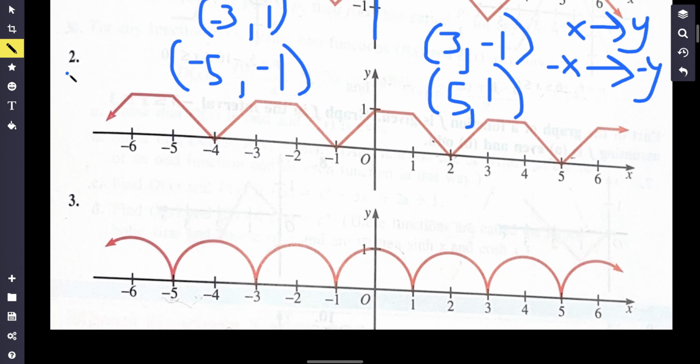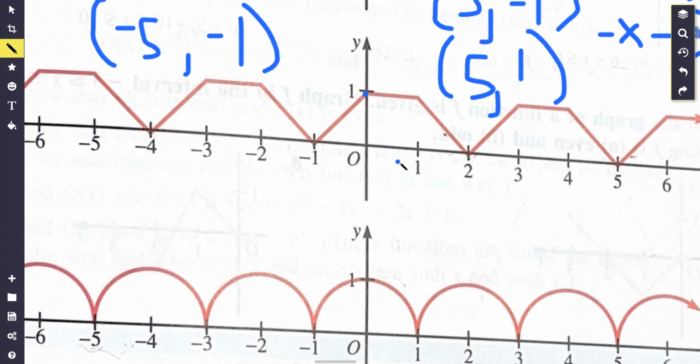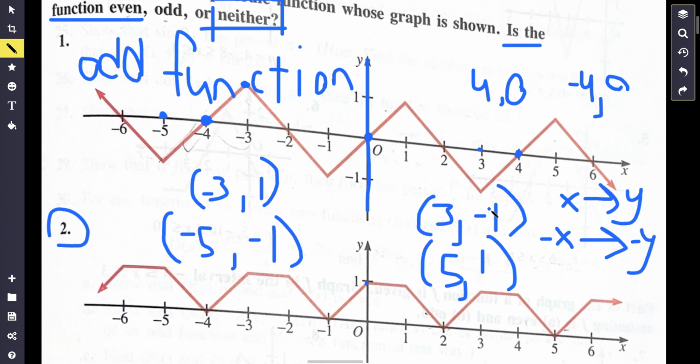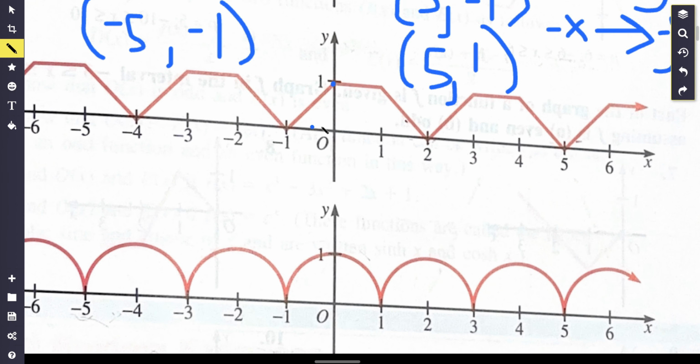All right, now number 2. Is this function odd or even? Well, it's definitely not even, and there's no way this function is odd, just from the logic that we did from this problem. If you take a look at it, when x is equal to 1, the y value is equal to 1.